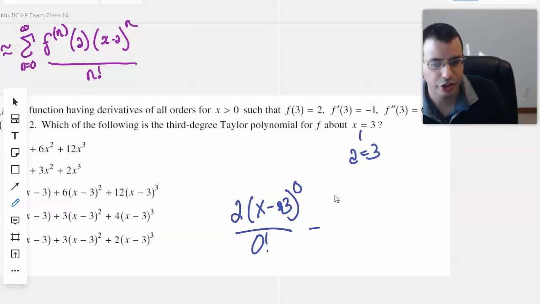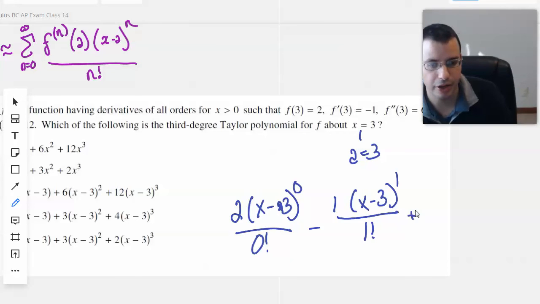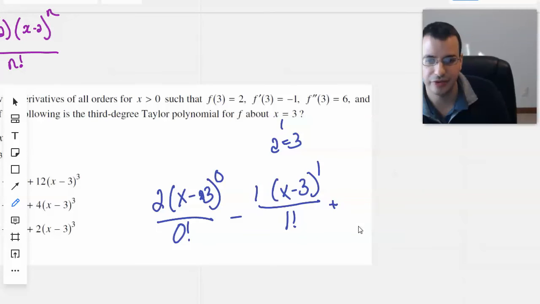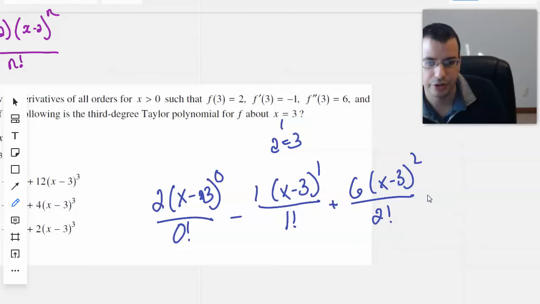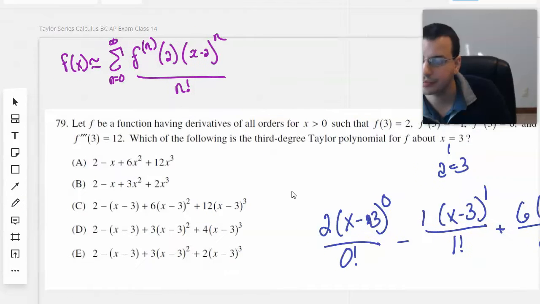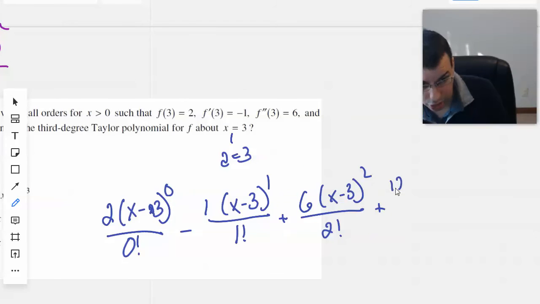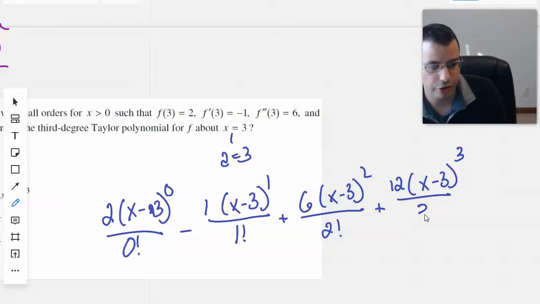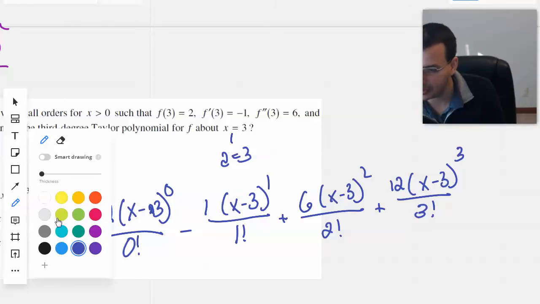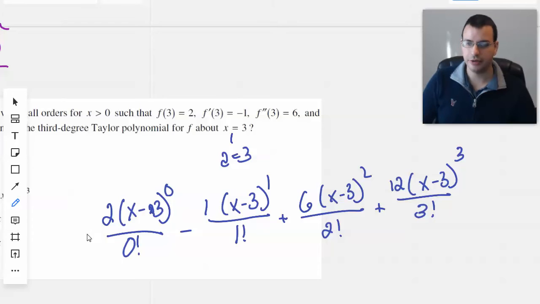Okay, minus 1 times x minus 3, because a is 3, to the first, all over 1 factorial, plus, and this is the second derivative now, 6 times x minus 3 squared over 2 factorial, plus 12 times x minus 3 cubed over 3 factorial. Okay? And we'll do a little simplifying.